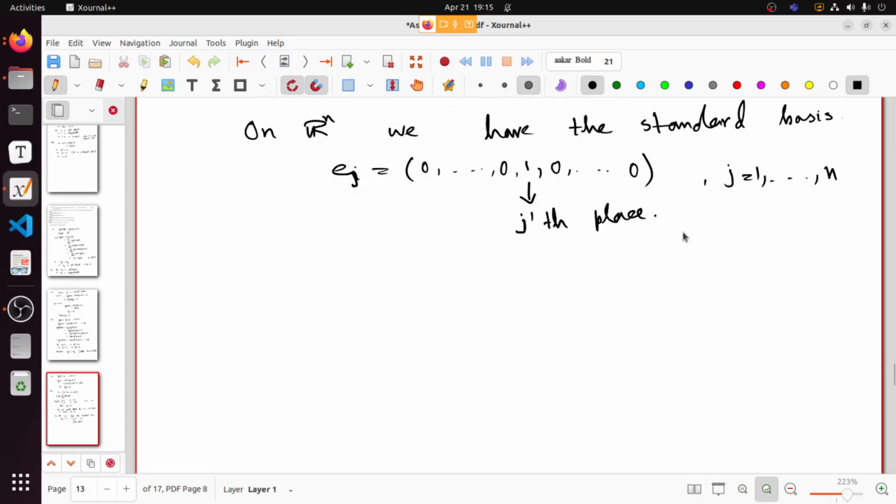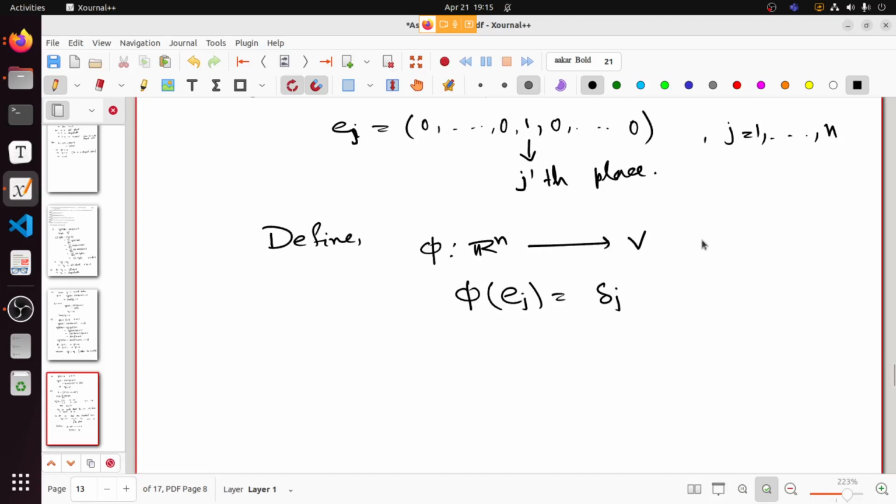Now we want to define a map from R^n to V. Suppose phi is defined from R^n to V. How is it defined? It's enough to define it on the basis. So we define phi of e_j and send it to delta_j, right? So this sends basis to basis. And you can extend it linearly to R^n.